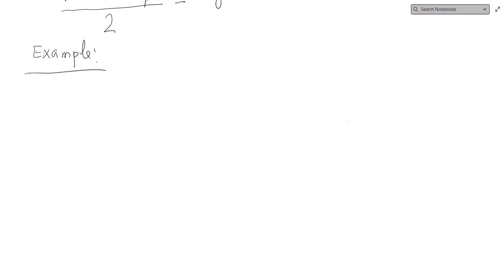We have a velocity vector given as u, the x component in the xy coordinate system.